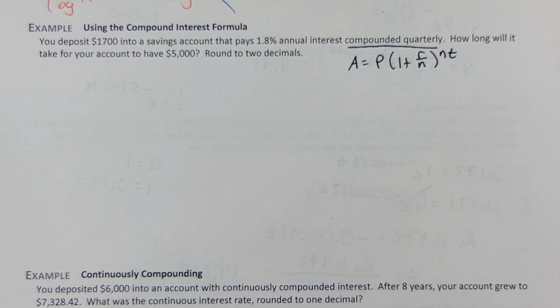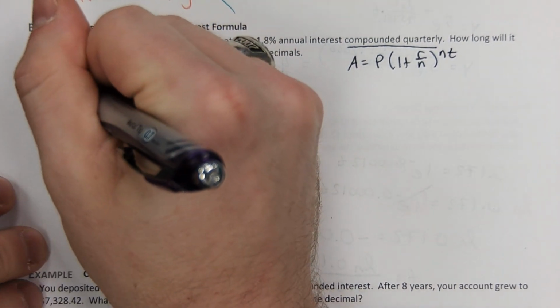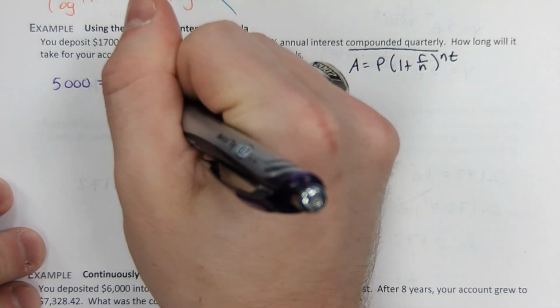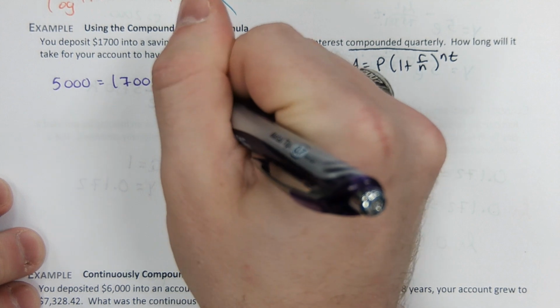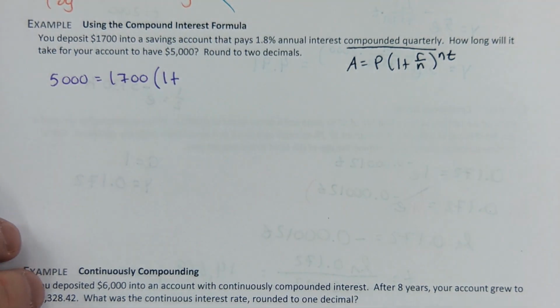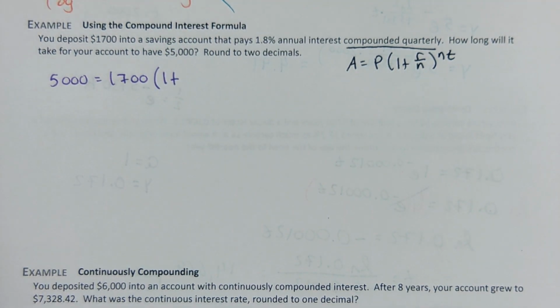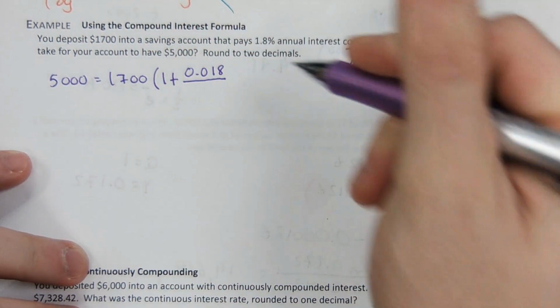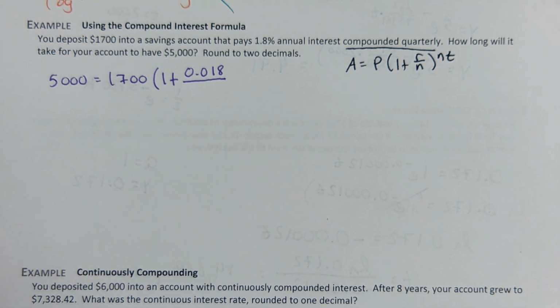Okay, let's fill it out. We know we're ending with 5,000. We began with the 1,700. 1 plus our rate as a decimal, meaning not a percent, would be 0.018 divided by N, where N is the number of compounds per year.